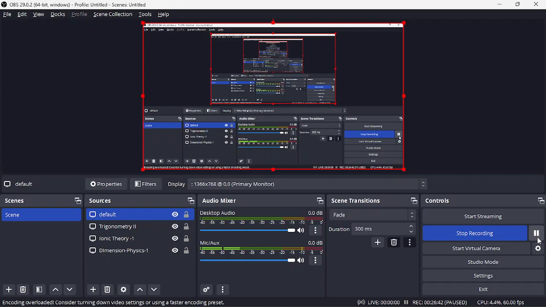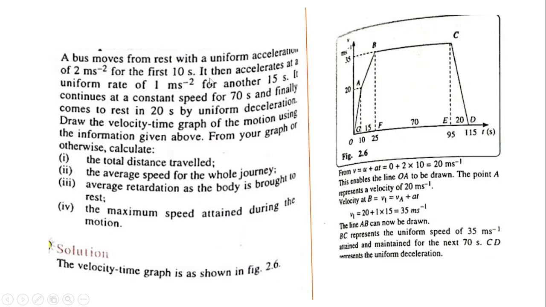Now we have the velocity in meters per second and the time in seconds. So what's the question here? The bus moves from west with a uniform acceleration of 2 meters per second square for the first 10 seconds.